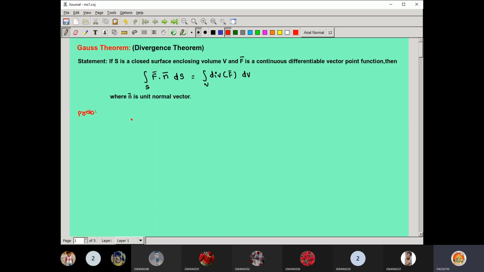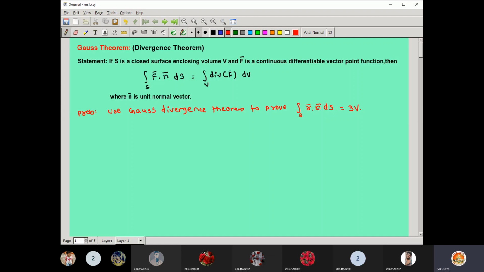Right. Now I give you one problem. Use Gauss divergence theorem to prove that integral over S of r bar dot n bar dS is equal to 3V.